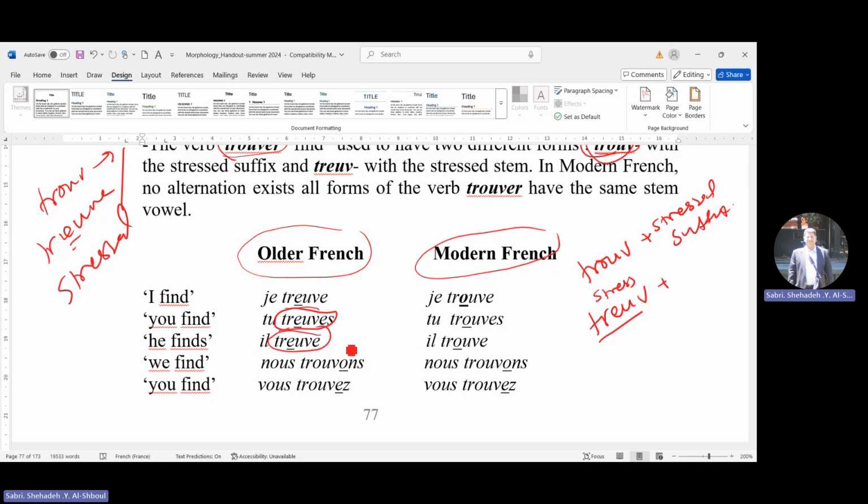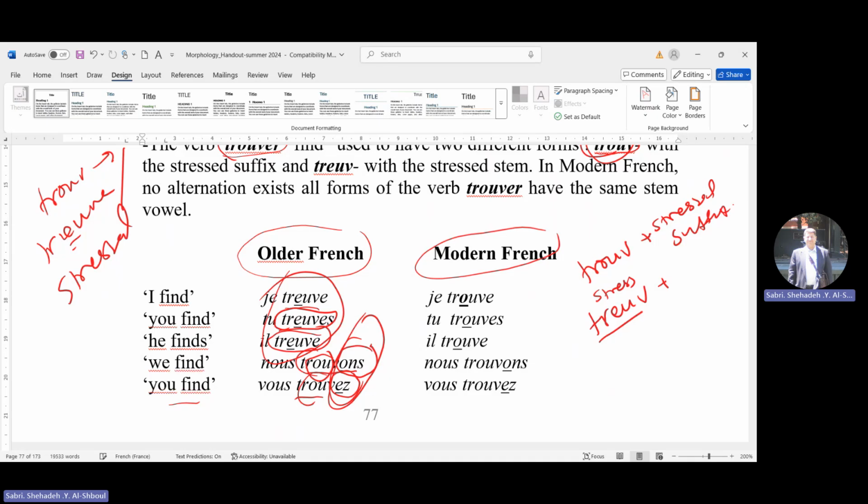But for trouvons, we have a stressed suffix and it is OU, and with trouvez, we have EZ, a stressed suffix, and it is OU. So when the suffix is stressed, it is OU. When the stem itself is stressed, it is EU. So in Old French, we have two forms sensitive to stress.